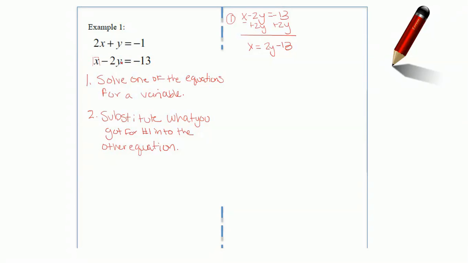So we can't plug back into there, it's not going to work. So what you're going to want to do is plug this right here, substitute, into this equation. So I say that x equals 2y minus 13. Same thing if x would be equal to 13, what you would do is you'd plug 13 in for x, kind of like doing a substitution, like a substitute teacher. So what we're going to do is we're going to say x is going to be 2y minus 13, because they are the same thing.